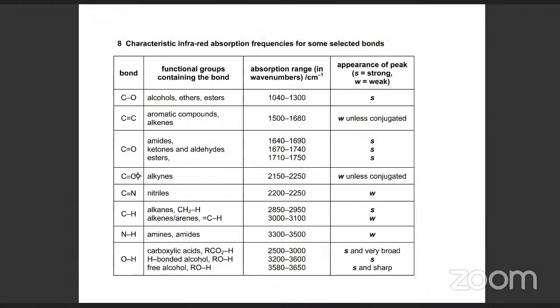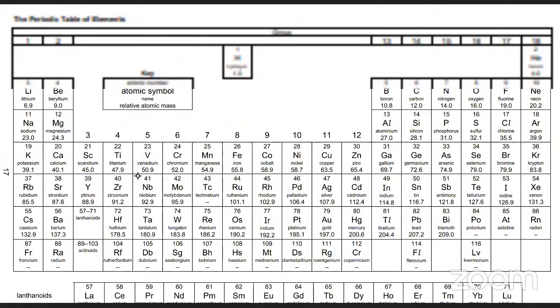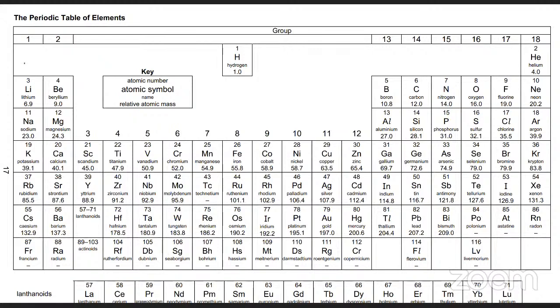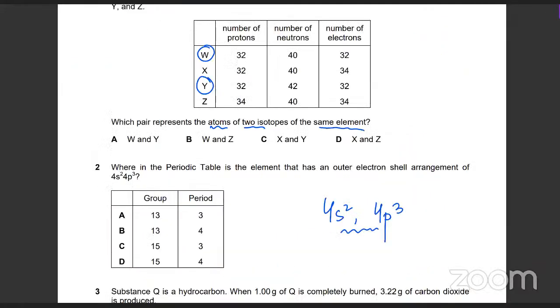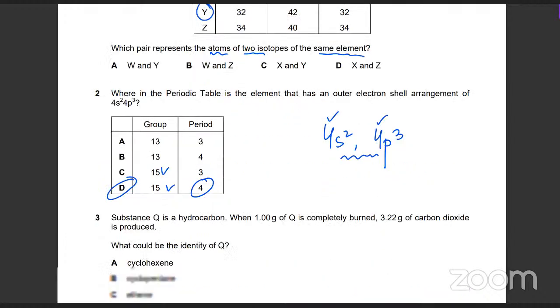In the data booklet, if I look at the periodic table, group 1 is always s1, group 2 always ends with s2, then s2p1, then s2p2, and all the electronic configurations in group 15 will be s2p3. So this element is in group 15, and the period is the shell number, that's 4. So the answer is D.